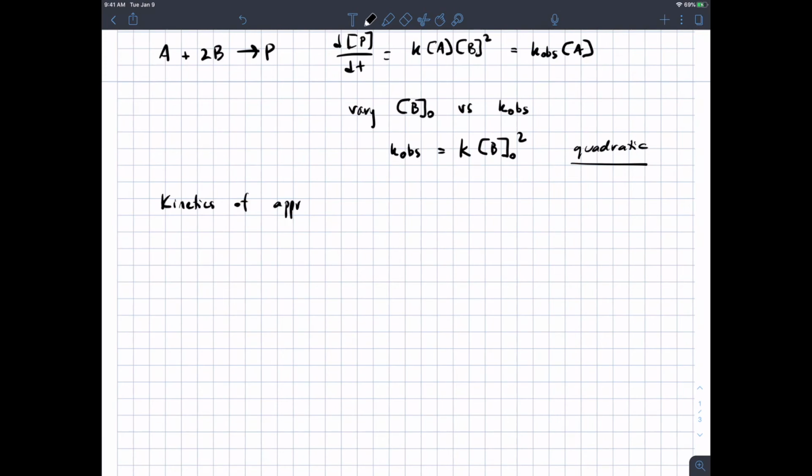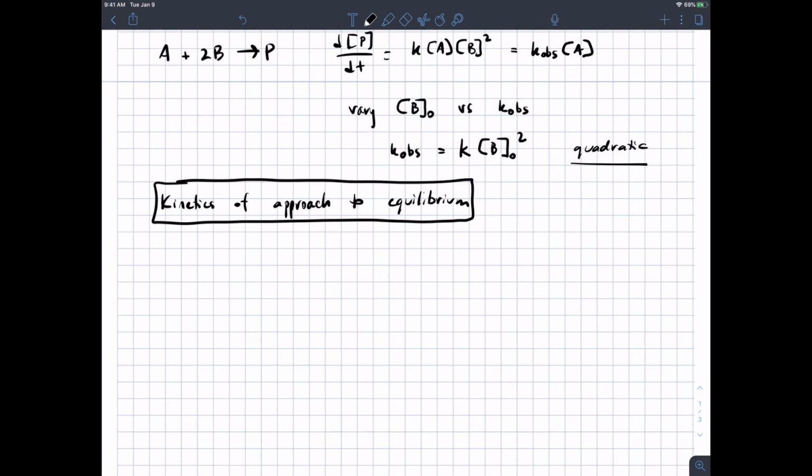Now, you may have heard the word equilibrium and thought that you could breathe a large sigh of relief and not worry about kinetics anymore, because of course, if something's at equilibrium, the kinetics aren't changing anymore.